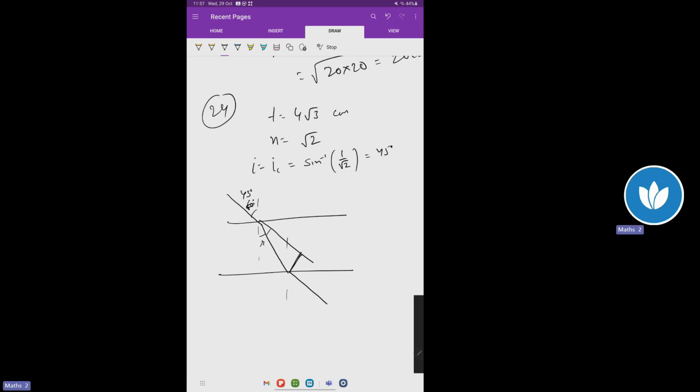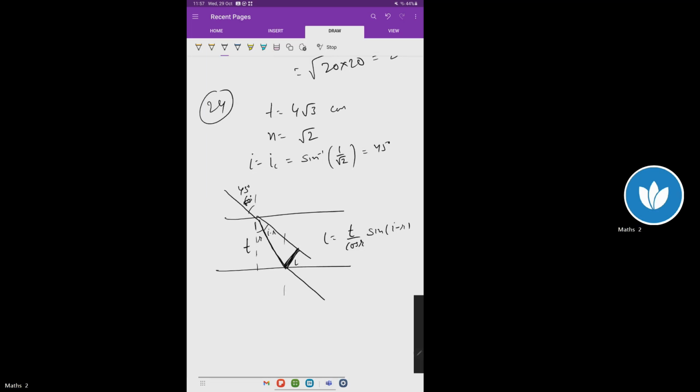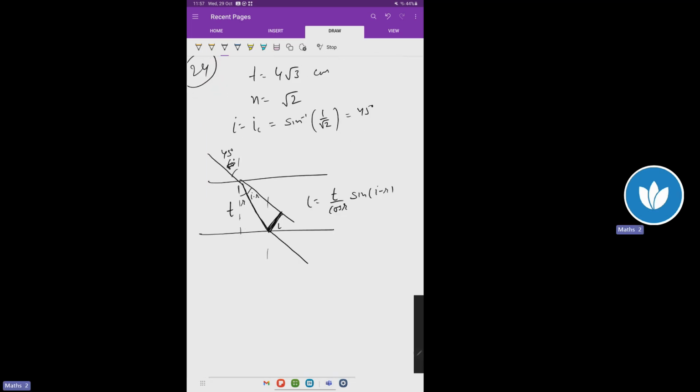This is R. This is I minus R. We need this lateral displacement, L. This is T, this is T by cos R. And L is T by cos R into sine (I minus R). T is 4 root 3 on cos R.